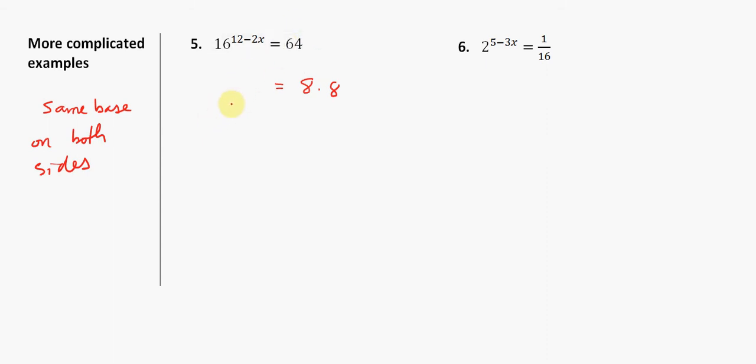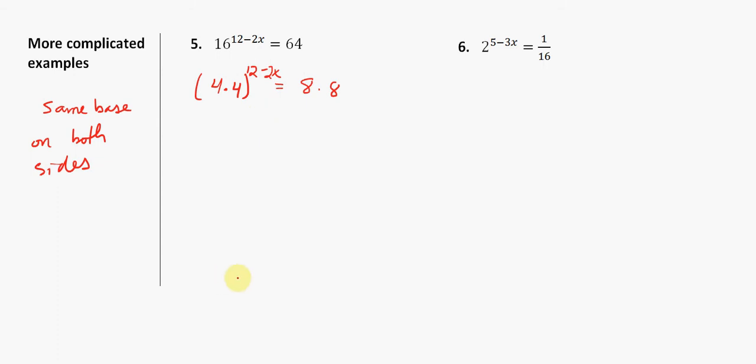So 16, well, what can we really do with this? Well, let's see, I can get this down to 4 times 4. And so I'm just changing the 16 to 4 times 4, and this is 12 minus 2x.